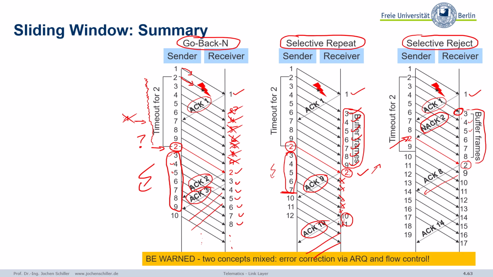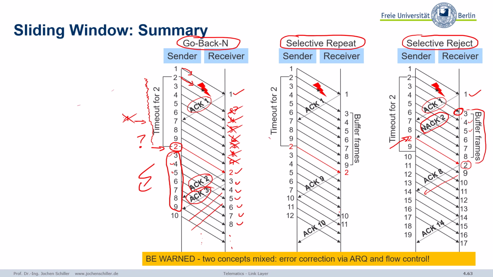We now mixed two concepts. So one is the error correction via ARQ. What was ARQ? In our case, for example in this case of selective repeat, if we look at this, we see the ARQ, so this automated repeat request, automated. Why? Because there is a timeout.